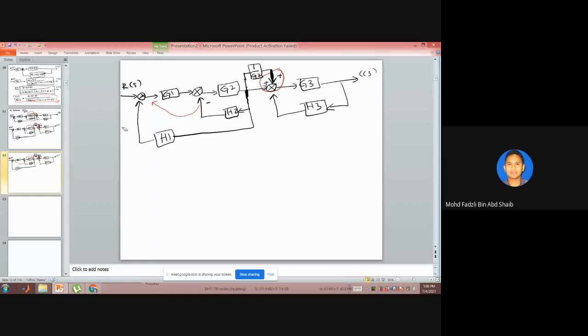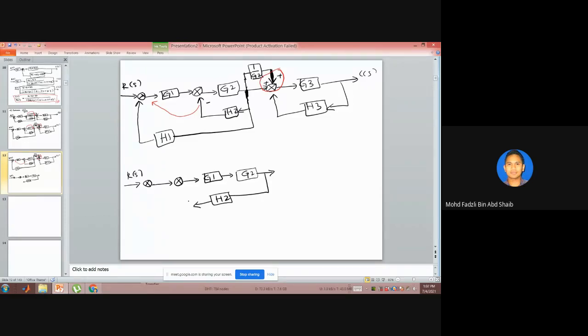We need to move to there. So R(s), T2. Okay, when we move to that point, so this is H2, right?